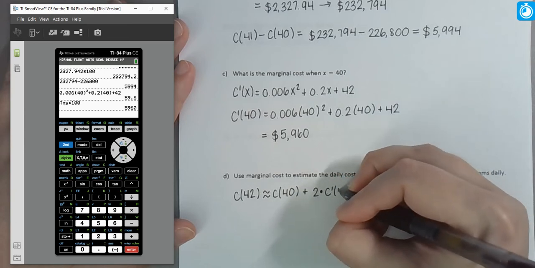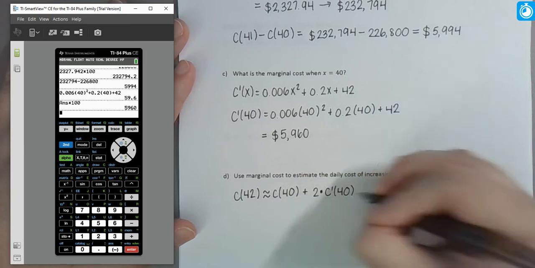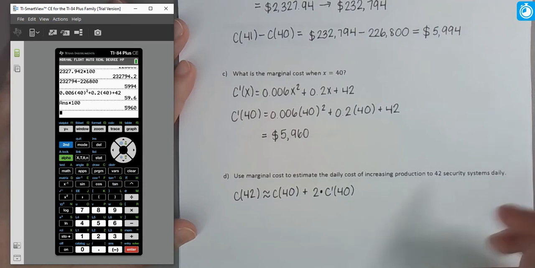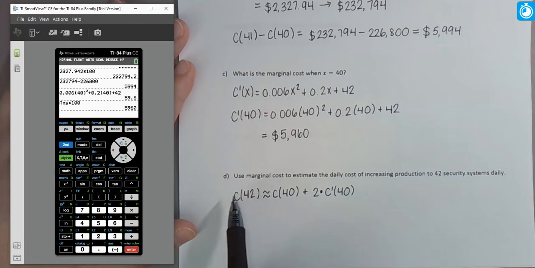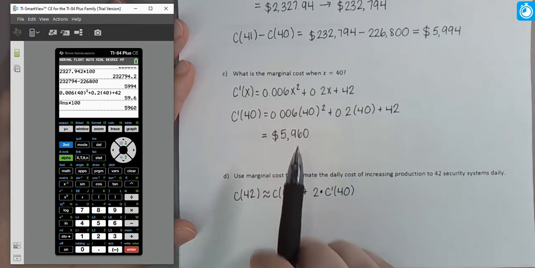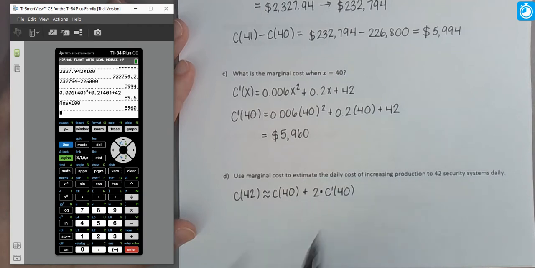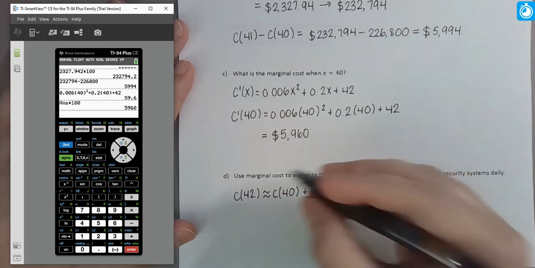So if we know what the marginal cost is right now, if we were to add that on twice, that estimate for 40 will also be a pretty good estimate for 41, which would be the amount that we need to go from 41 units to 42. So if we were to just take this amount and double it, that is a pretty good, rough, but pretty good estimate of what it would take to go from 40 to 2 additional units at 42.